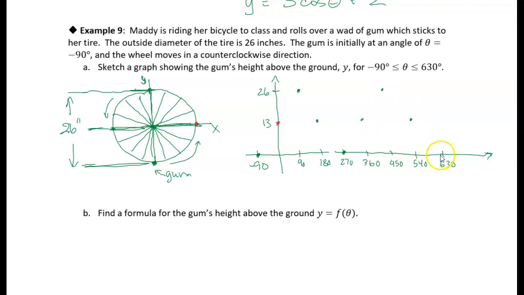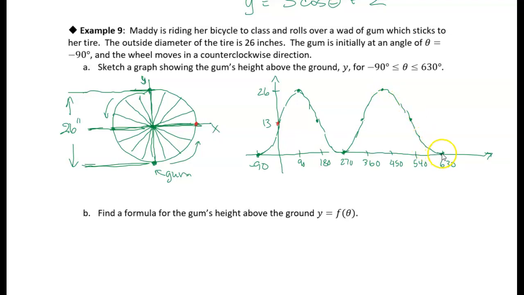Okay, so I've plotted the points now. Now I just want to sketch the graph. It's going to be a sinusoidal function, just like the Ferris wheel. So I'm going to come around, try to draw this sinusoidally, and make it look decent.